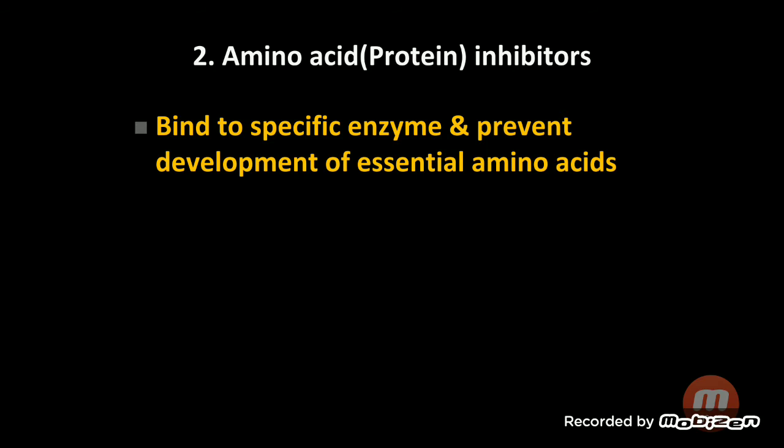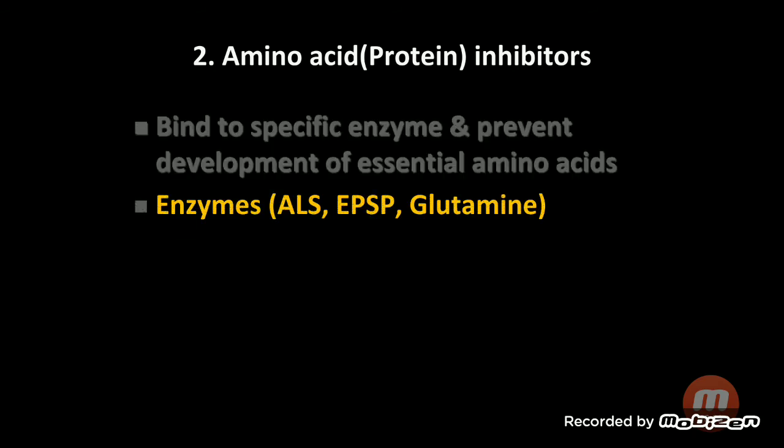There are 20 essential amino acids and they are essential for development of proteins. But if amino acids are not developed, then protein cannot be developed. So, herbicides bind to specific enzymes, the enzymes which are essential for production of amino acids, and amino acid cannot be produced because of lack of that enzyme.